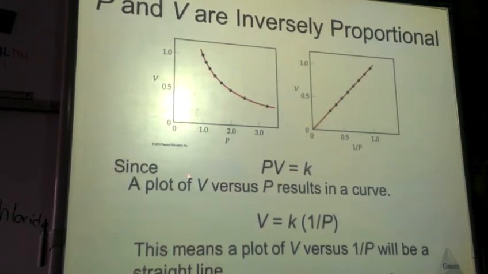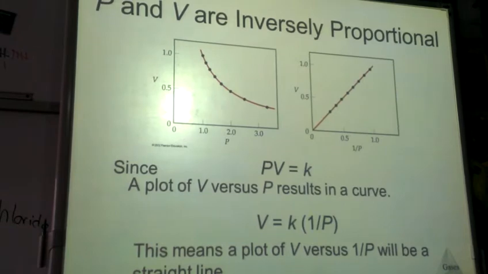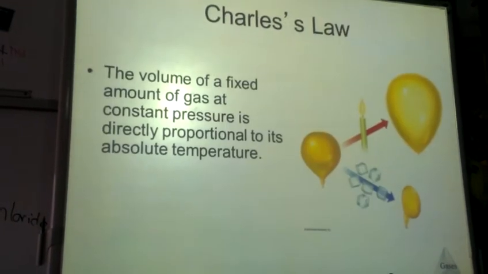So a plot of just volume and pressure gives me that curve, but a plot of volume versus 1 over pressure is going to give me that straight line. This is what we saw today from the ideal gas law, and then I'm just going to rearrange that and say one of those variables is going to equal this, and that's the relationship between those two variables. So they are inversely proportional.